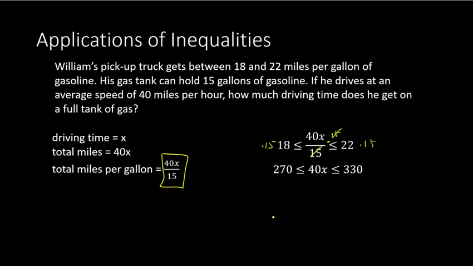So you have 40x in the middle, 18 times 15 is 270 on the left, and 22 times 15 is 330 on the right. Then to finish off, you can divide everything by 40 to get x by itself. So you have x in the middle, 6.75 on the left, and 8.25 on the right. So x was his driving time.